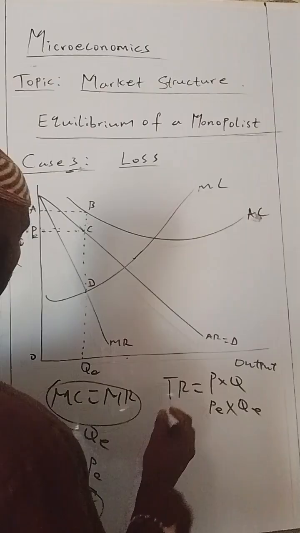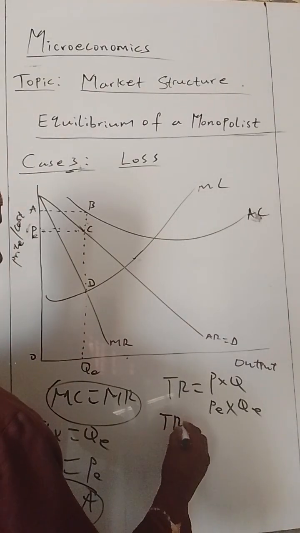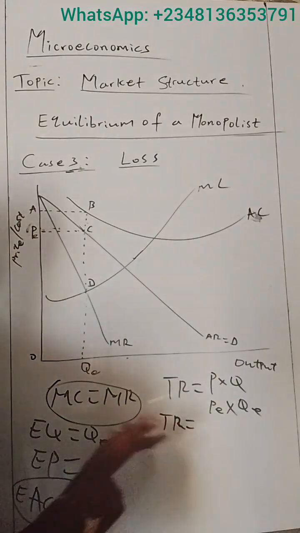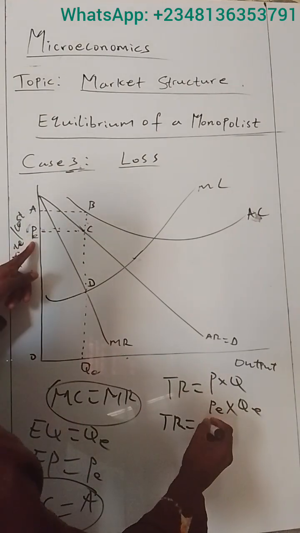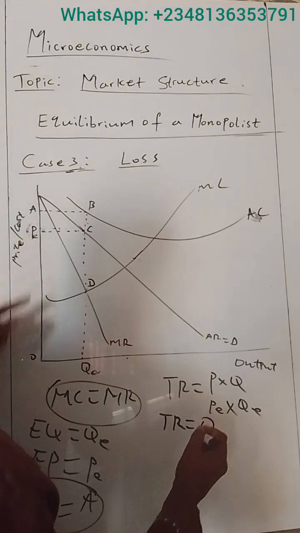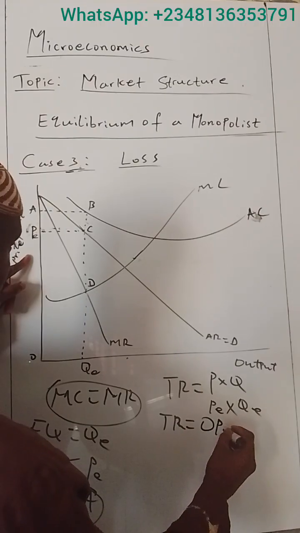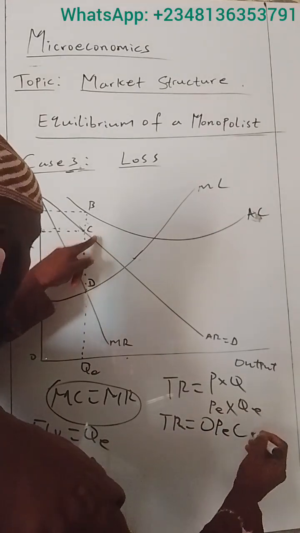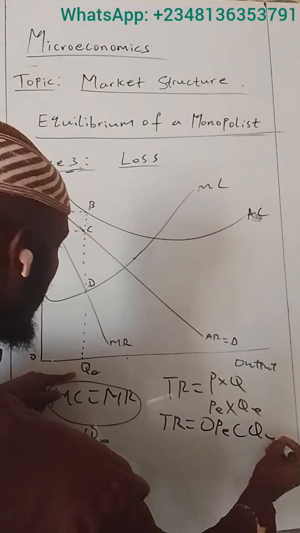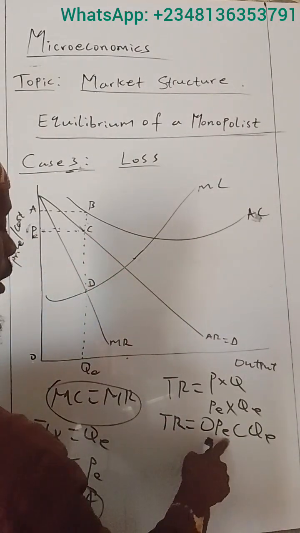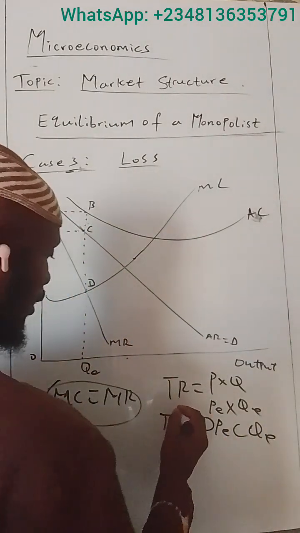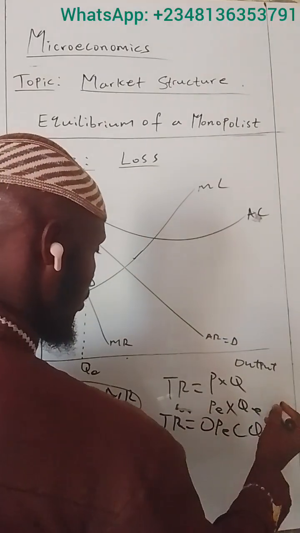You can also represent total revenue in rectangular form: total revenue is equal to the rectangle OPECQE. The area of this rectangle represents our total revenue.